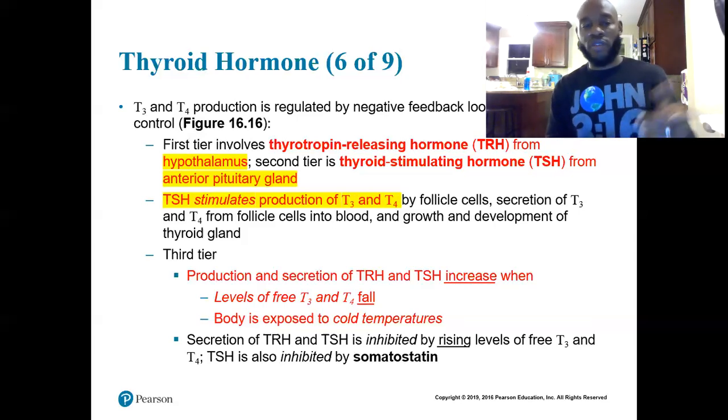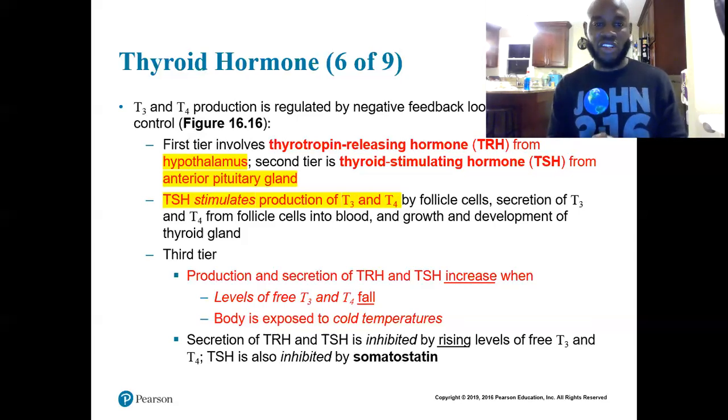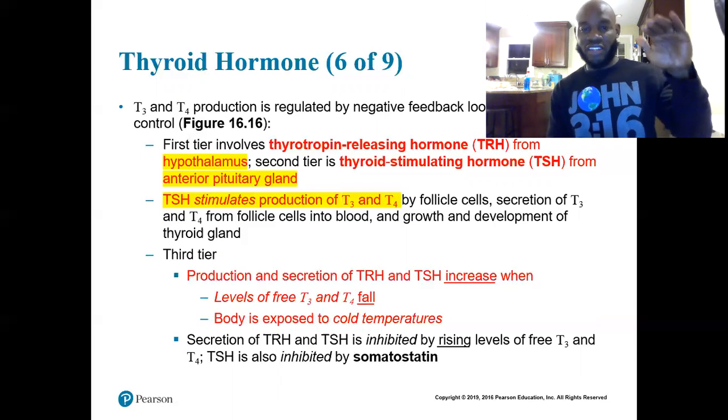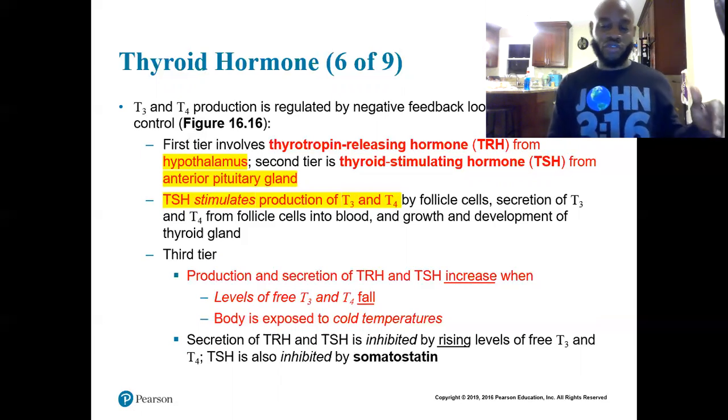So we've already mentioned the hypothalamus and the anterior pituitary, right? So there's the hypothalamus, thyrotropin releasing hormone, first, and then next that goes to the anterior pituitary. Remember, you have trophic hormones that cause the release of other hormones. The anterior pituitary, second tier, is the thyroid stimulating hormone, which is released from the anterior pituitary.